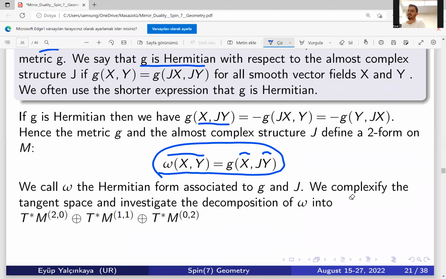And for these two-form spaces, for the complex manifold, you can decompose the tangent bundle into three parts. I mentioned that this part is only induced from Z, and this part is the z bar.